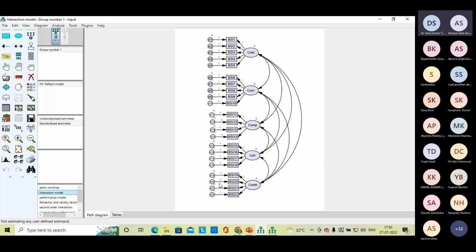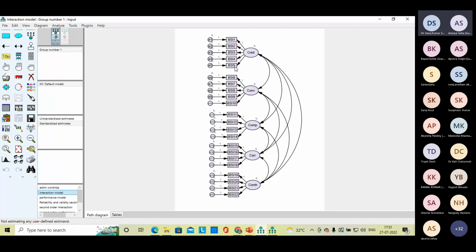By reviewing the literature, he got that one construct can be credibility, another construct can be convenience, another compatibility, another caring, another comprehension. So under credibility, BSI 1 to BSI 5 he has identified and specified.